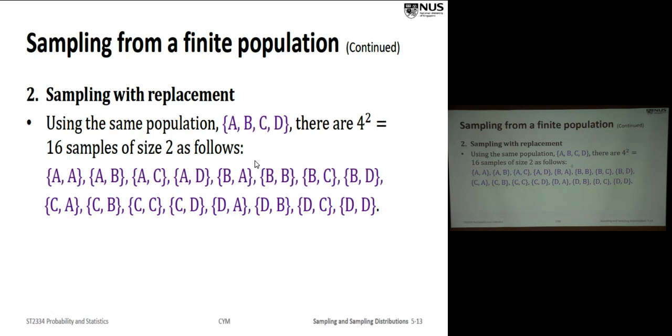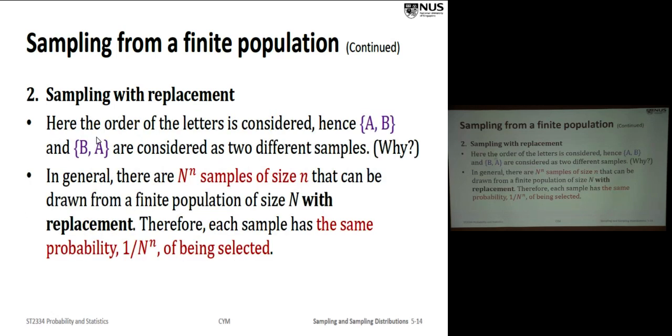Okay, and so you can imagine in general, if you have capital N points and you choose little n from those capital N, then there are capital N to the power little n samples with replacement. So this is the example here. Now the order counts.